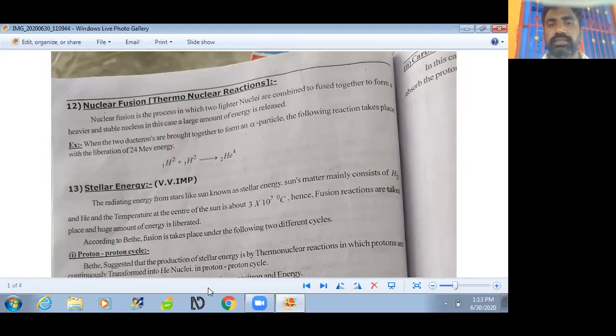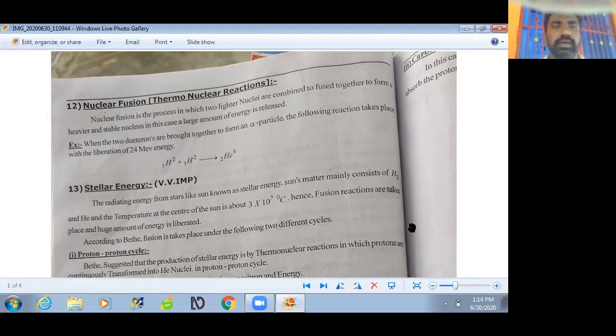Stellar energy means the energy radiated from a star, like the sun. The sun has a very high temperature at its core, and similarly a star has a high temperature at its core. The sun consists of hydrogen and helium at its core, and the sun's temperature is 3 into 10 to the power of 7 degrees centigrade.